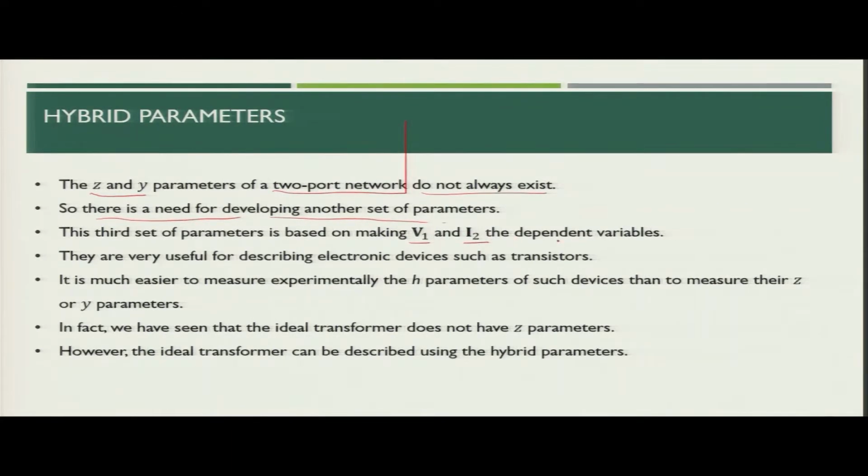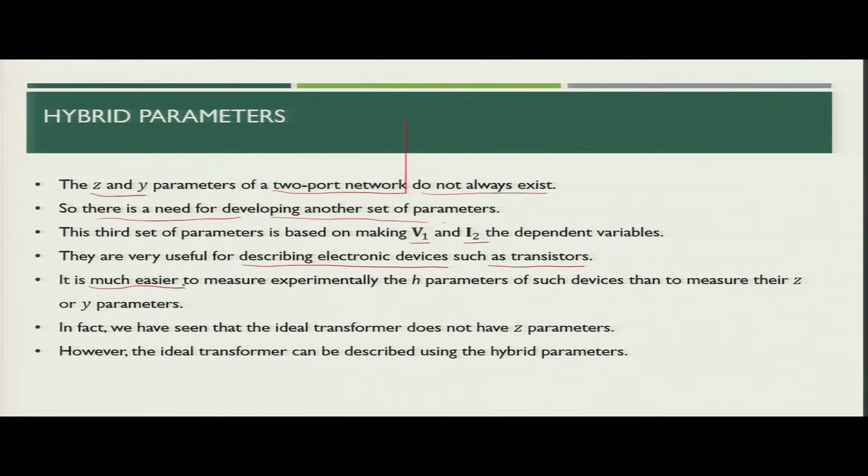These kinds of relationships you will see mostly in electronic devices such as transistors. In case of transistors, if you have studied, we develop the equivalent model of a transistor in terms of H parameters. So in those cases we can use the H parameter variables which we will discuss in today's session.